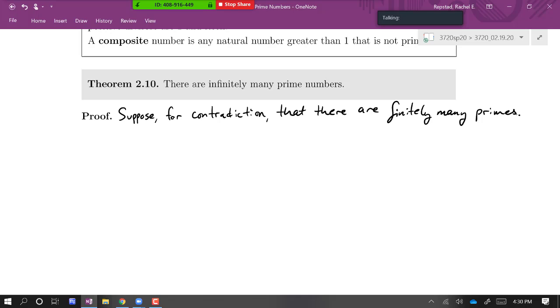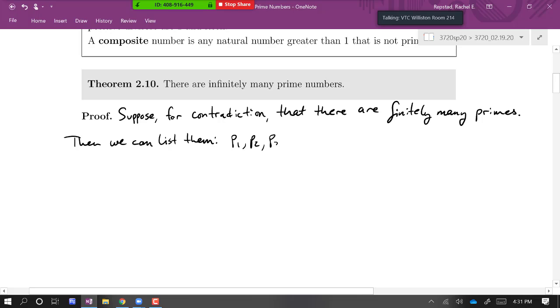Count them. Sort of, yeah. Close. We can list them. We can write them down in a list. So we're going to write down all of these finitely many primes. P1, P2, P3, all the way up to PK. So there are K many primes. That's the finite number of primes that there are.